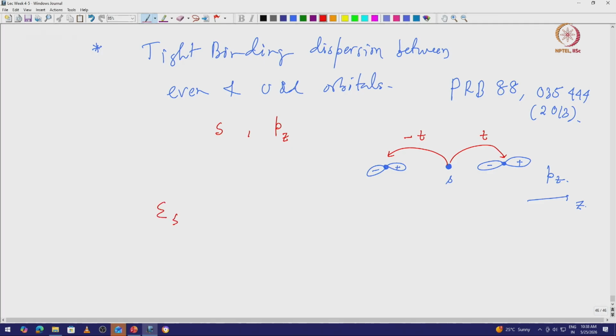So then it will be t to the power i kz, and again I am setting the lattice constant to be 1, minus, this will give us 2t sin kz.